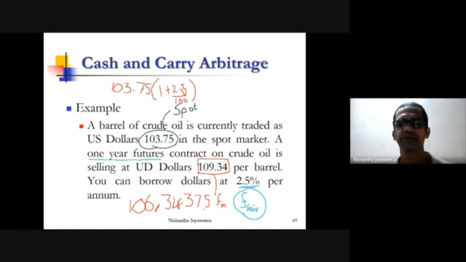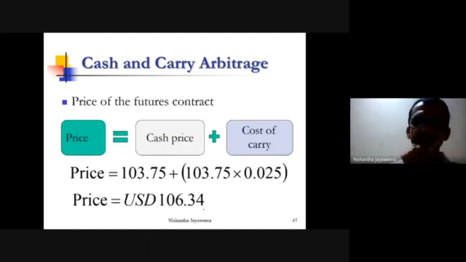That means 103.75 multiplied by 1.025. It's not a big deal. So this should be the answer. I have rounded off to make it simple, 106.34.